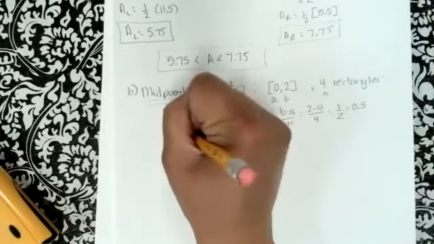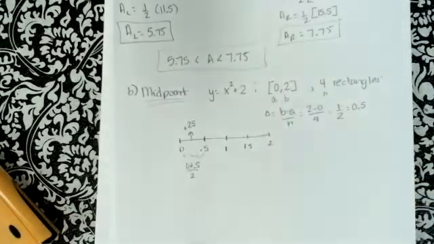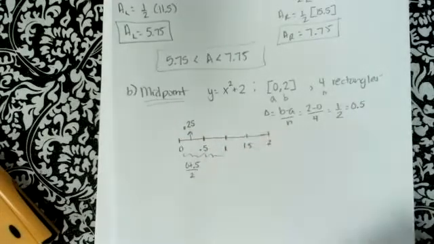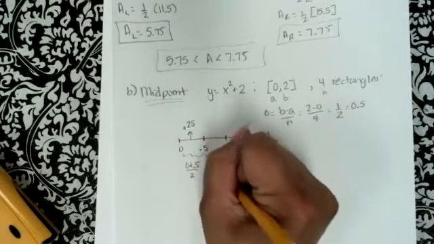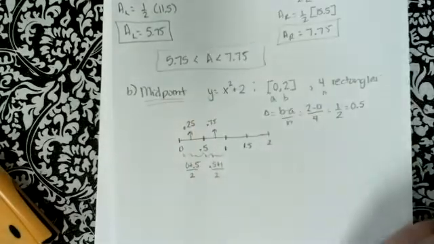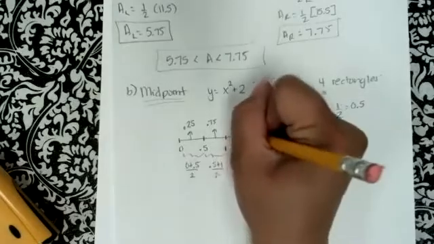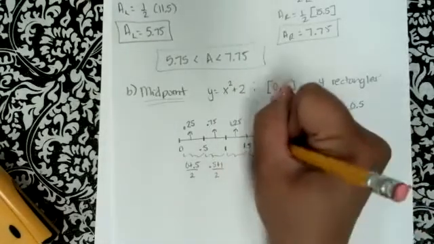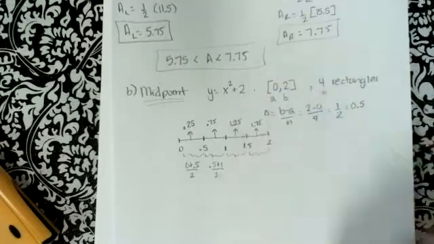So the middle here is going to be 0.25. So that's the x-value you're going to want. Find the middle here. Take 0.5 plus 1 and divide by 2. That's going to give you 0.75. Do the same here. You're going to get a 1.25. Here, you're going to get a 1.75.